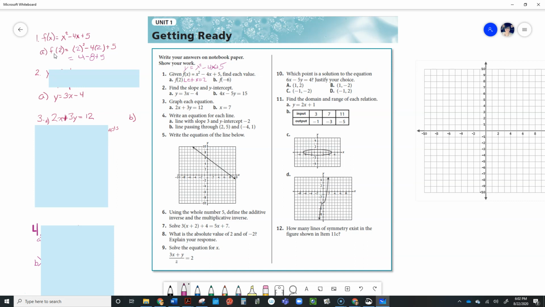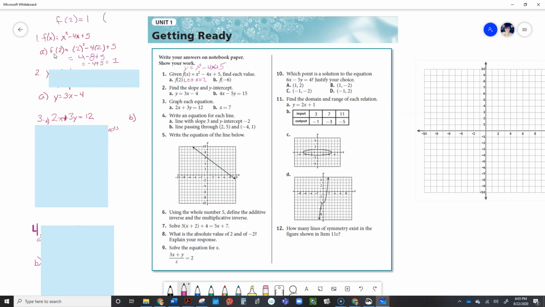The signs are different, so we subtract them, but we keep the sign of the larger, so that becomes negative 4. Negative 4 plus 5. The signs are different, so we subtract and keep the sign of the larger, so the answer should be positive 1. So we would say f of 2 is equal to 1.